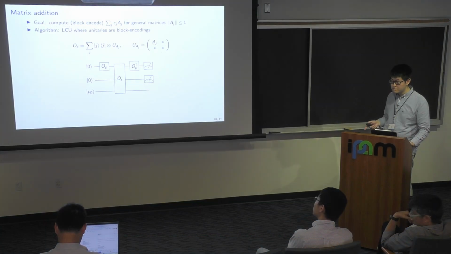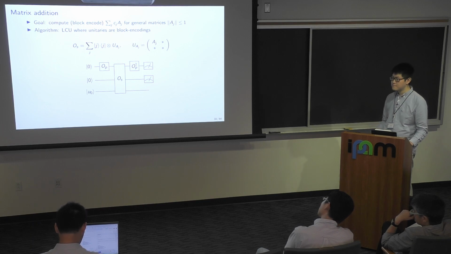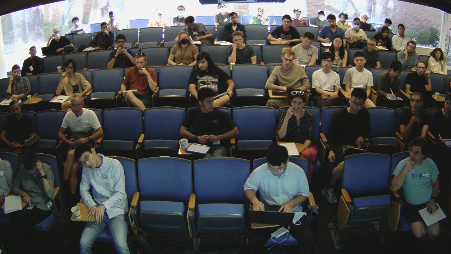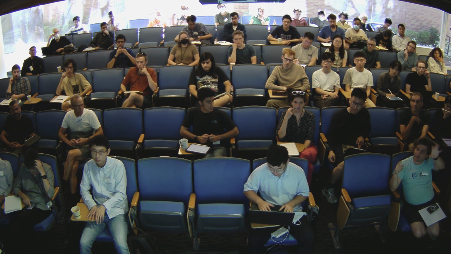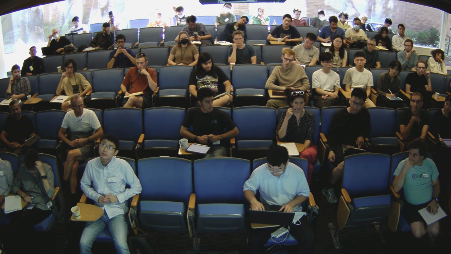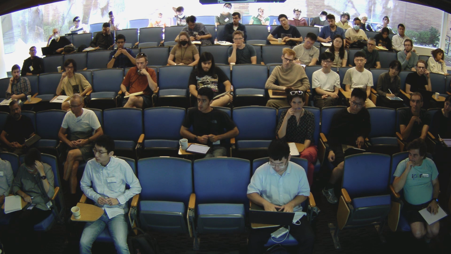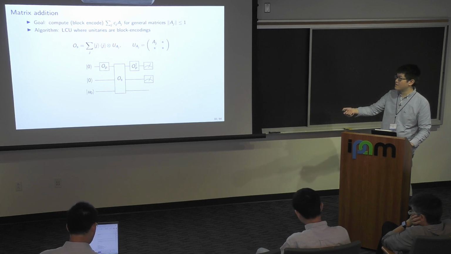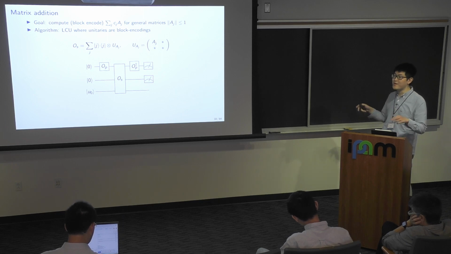I mean, you cannot simultaneously dilate the row of A's and make one big block that dilates them all at the same time? Something where you measure between I and J and you get the J thing. I think this should be equivalent to the LCU, right? You are saying have a single block encoding for multiple matrices?